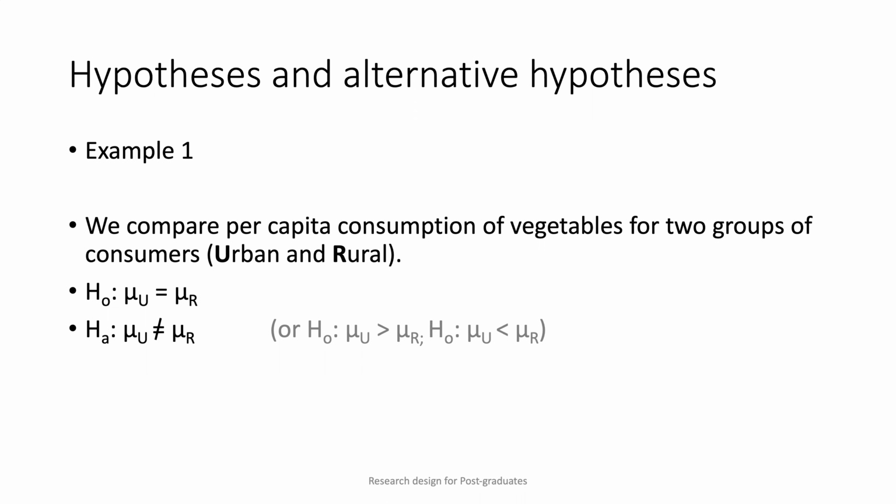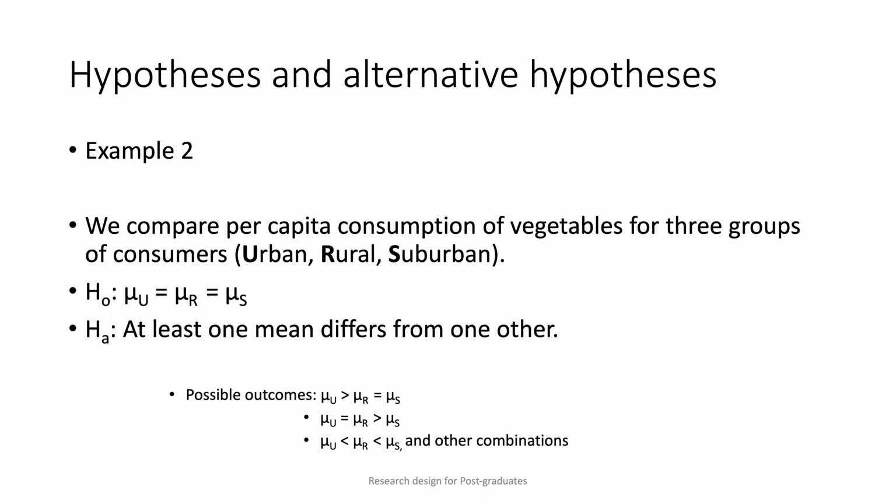And the next example is just a little bit more complicated. In this example, I'm using the same design one more time, and I'm comparing three groups with each other: urban, rural, and suburban. We once again have a null hypothesis which states that all three means would be equal.